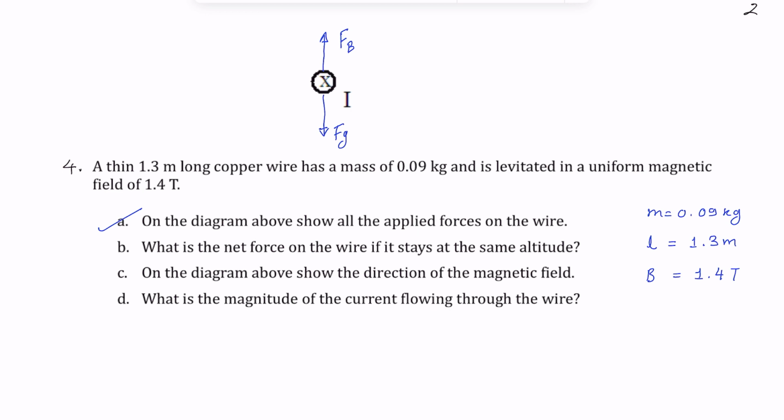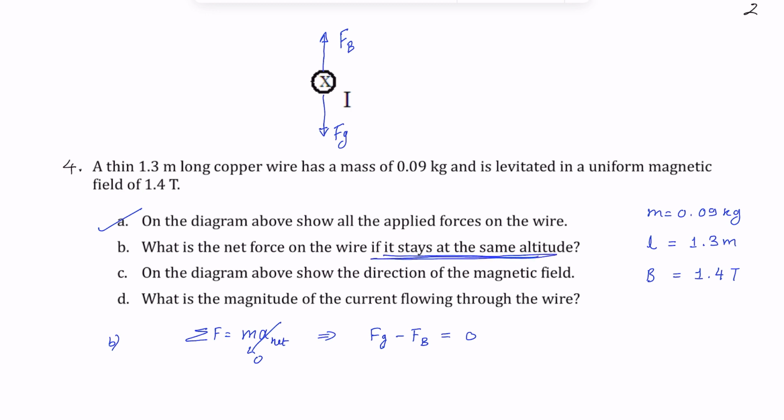Part B says what is the net force on the wire if it stays at the same altitude, right? So for part B, well, net force is FB minus FG, right? And maybe I should write it down like this. Net force equals m times net acceleration, and this means that Fg minus Fb is equal to 0 because there's no acceleration, right?